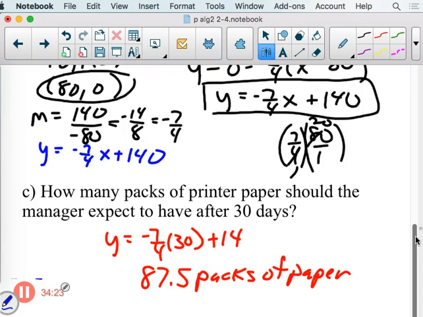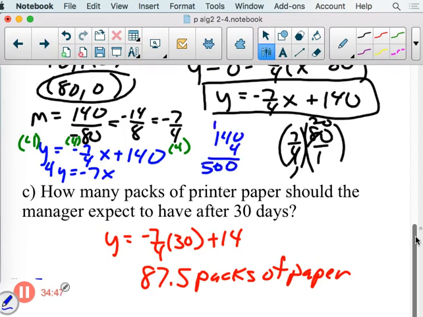So I get rid of the fraction. Multiply the whole thing by 4. Needs a 4 here, needs a 4 here, and needs a 4 here. Ooh, I've got too many parentheses. So we have 4y equals negative 7x, 140 times 4, 560.